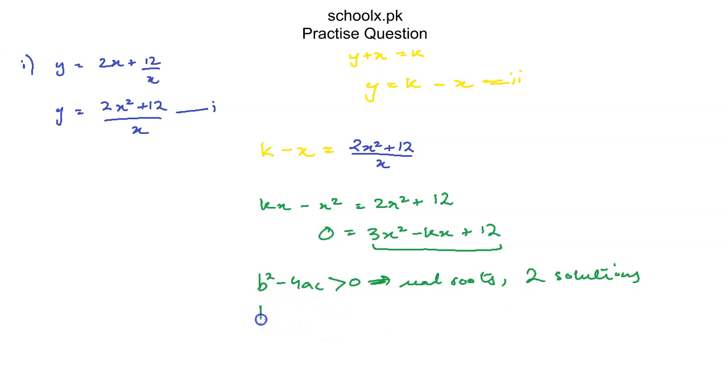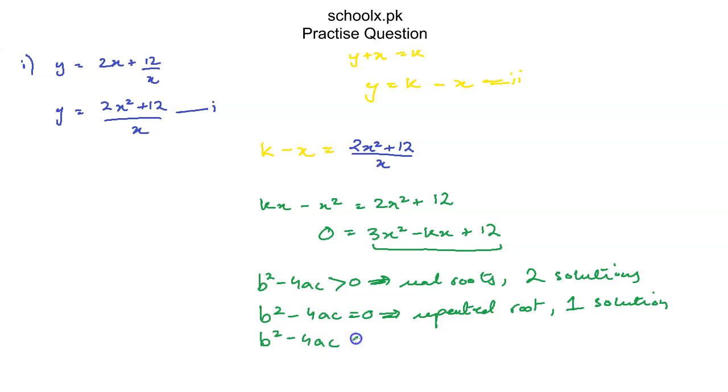If b squared minus 4ac equals 0, that means we have a repeated root, which portrays that there is only one solution to the quadratic equation. If b squared minus 4ac is less than 0, we have no roots, which means there is no solution to that equation.